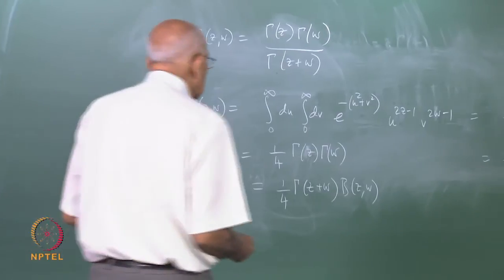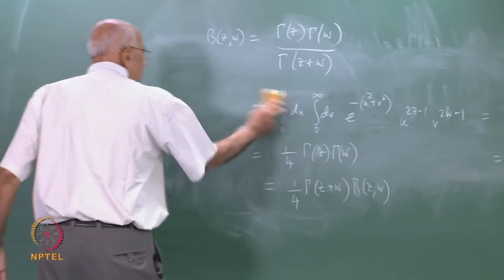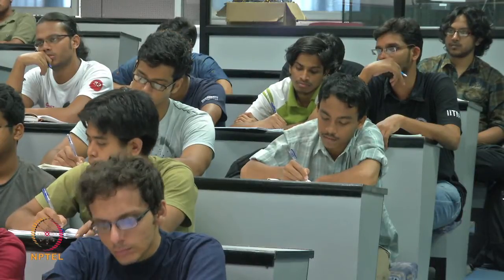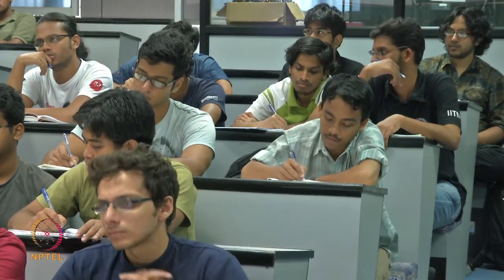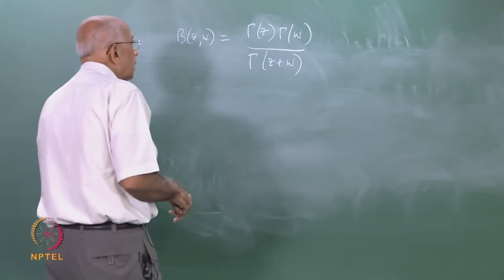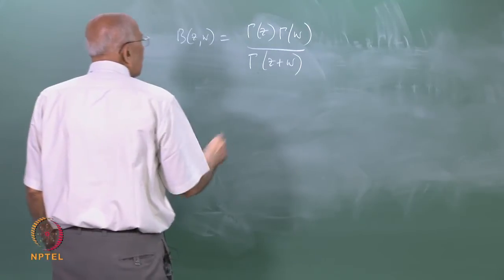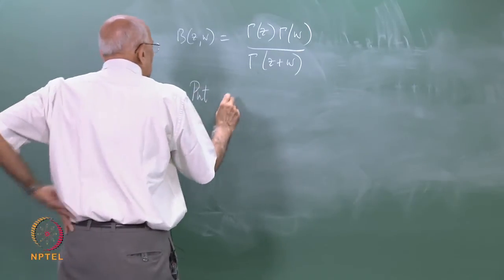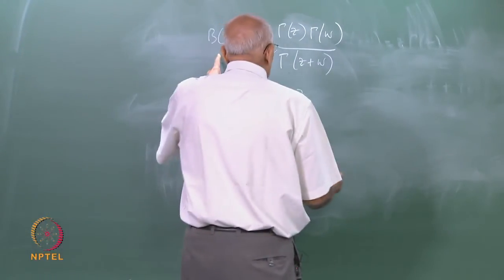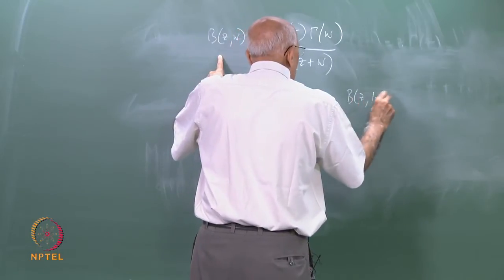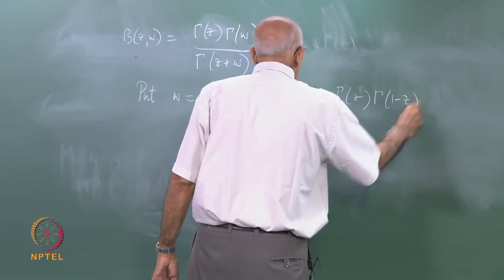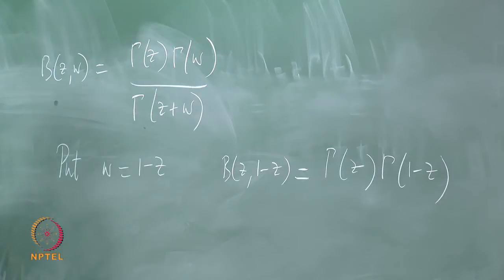Now one of the consequences is the following. I am not going to derive it, but I am going to mention it here. One of the consequences of this formula, and I am going to give this as an exercise, is if you put w equal to 1 minus z, then you end up with a relation which says beta of z, 1 minus z equal to gamma of z gamma of 1 minus z divided by gamma of 1, which is 1.